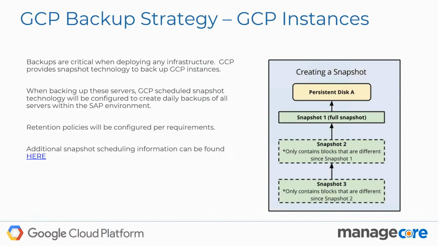GCP provides the ability to take snapshots of your instances or servers and have them be backed up to cloud storage. So in this example, what GCP is providing is a snapshot of your existing environment, your server.